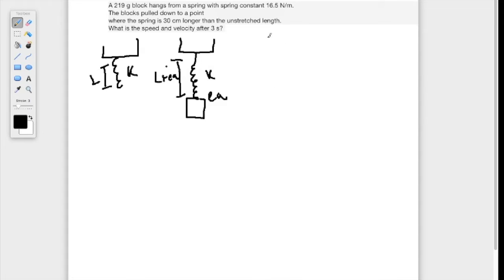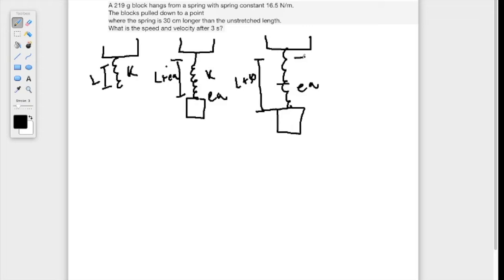But then it's pulled down to a point where, say this is equilibrium, this entire thing is 30 centimeters longer than the unstretched length. So L plus 30. And then this would just be L plus equilibrium. So basically we're trying to find the position and velocity after 3 seconds.